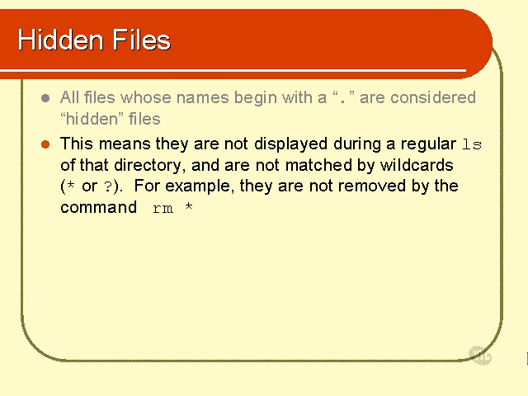Furthermore, if you use the asterisk or question mark wildcard characters, the hidden files, files that begin with a dot, will not be included in the files that are matched. So for example, if you type in rm star, if you want to remove all the files in a given directory, that will work, supposedly, if you have the right permissions, but the hidden files will not be removed.